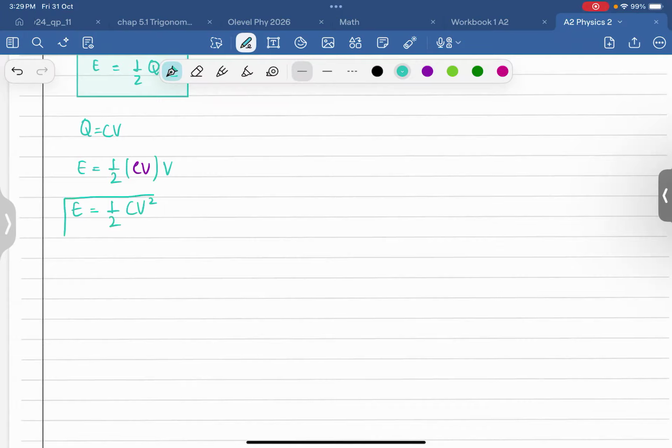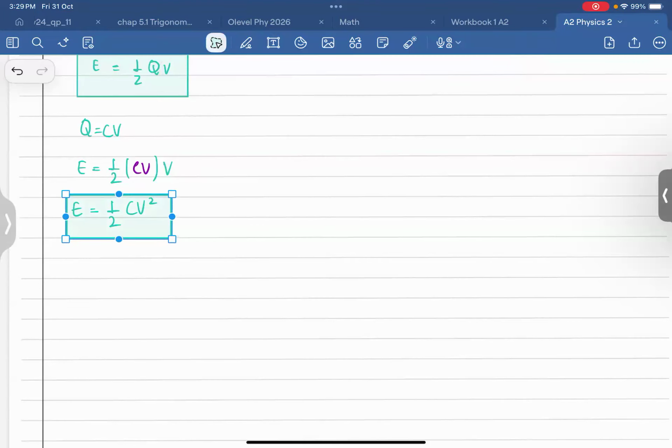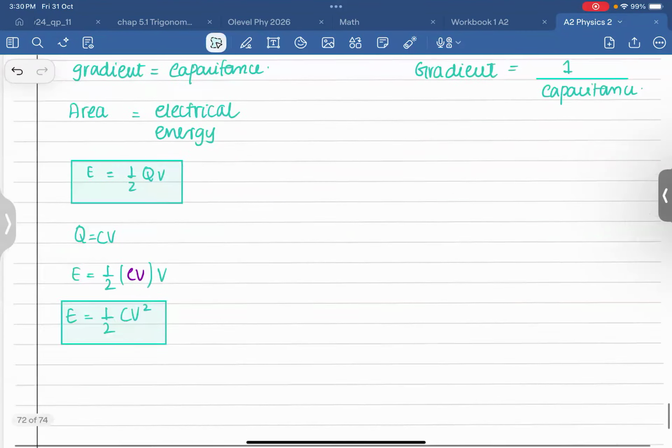You can use this formula in a case where you have the capacitance constant and the voltage is varying. If you increase the voltage, there will be more energy stored in the capacitor, and if you decrease it, you'll get less energy. So this is the concept.